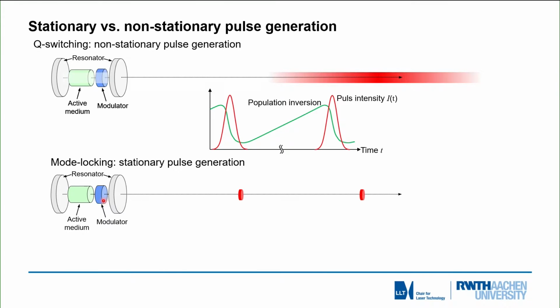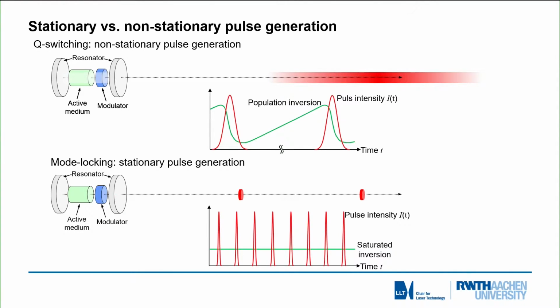You may think of the saturable absorber here as a typical element to be used as a modulator, and then we generate pulses from a continuous pumping mode without changing the population inversion in time, but we just modulate a coherent state in the resonator and have an oscillating photon energy pulse in the resonator, which then, if we couple out a certain percentage, will generate a chain of laser pulses of a rep rate which corresponds to the round trip time of the resonator.